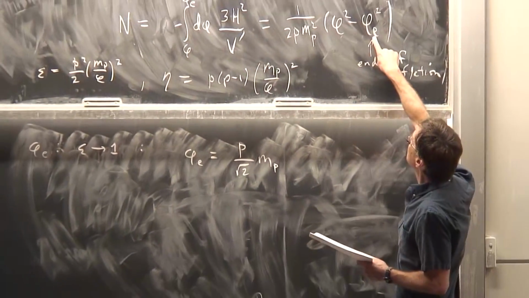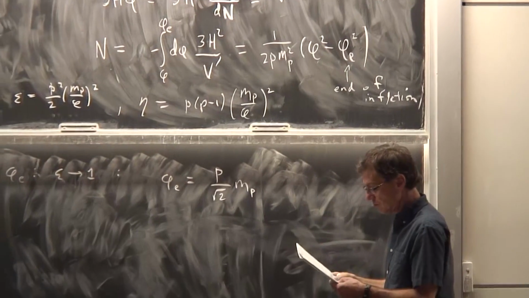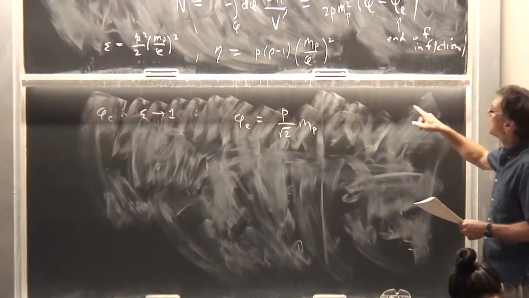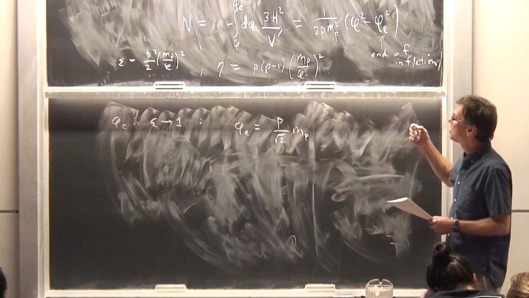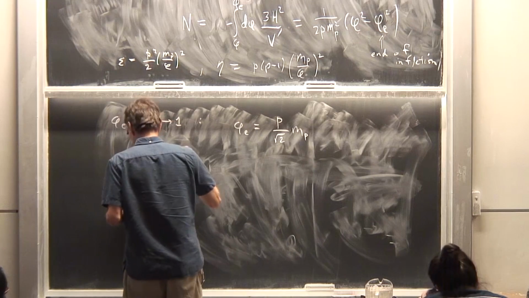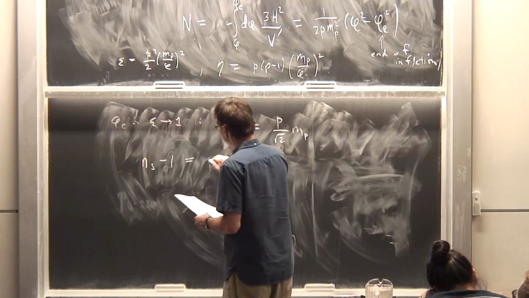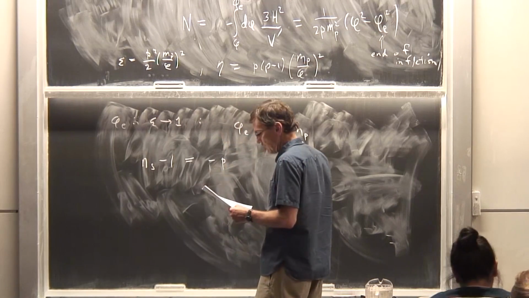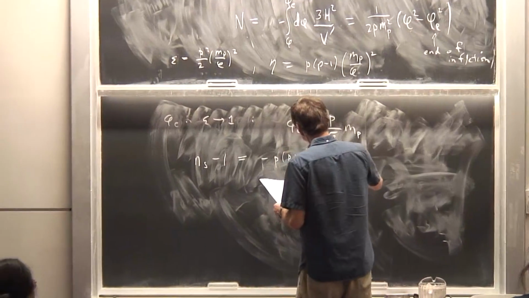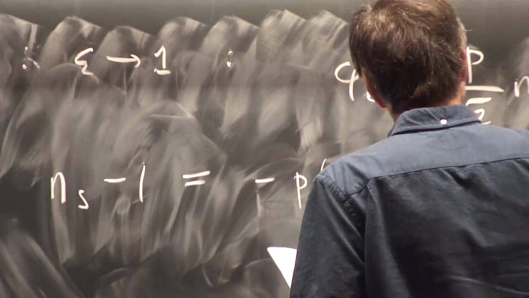So now we can write something explicit for this. And then we can plug into our formula for the spectral index, which was some combination of epsilon and eta, and find that n_s minus 1 is minus (p plus 2) m Planck over phi star, squared.